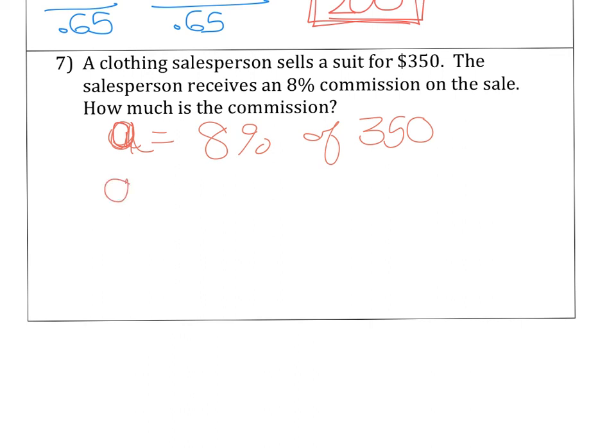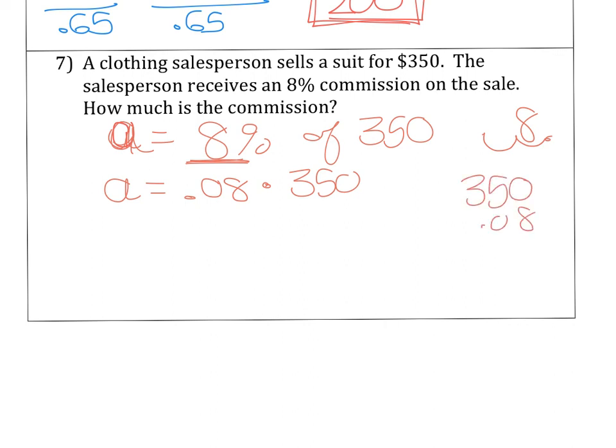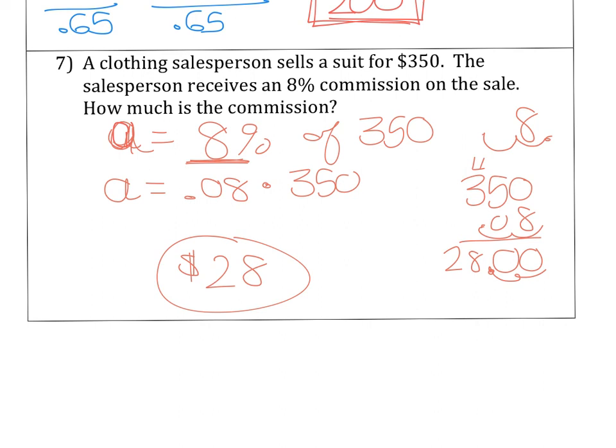So to change it to a percent equation, I'm going to change 8% to a decimal. I'm going to move the decimal point 2 places to the left, and it becomes 0.08. Of becomes times 350. So it's pretty easy to do this one with this equation. I'm just going to take 350 and multiply it by 0.08. I get 2800. Gotta move the decimal 2 places. 28. So that means he made $28 commission.